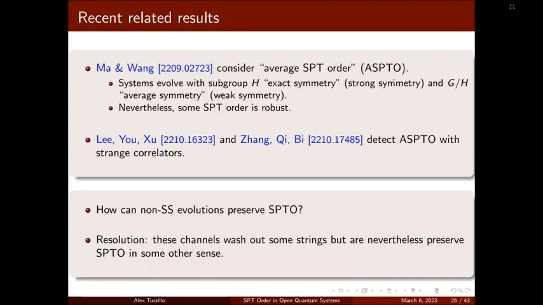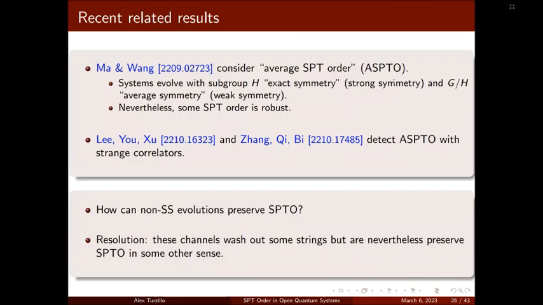So the evolution is only weakly symmetric with respect to this second piece. Nevertheless, they find that some SPT order is preserved. And these follow-up papers use string correlators to argue that this SPT order that's preserved really is real SPT order, and that you can detect it with these other order parameters.